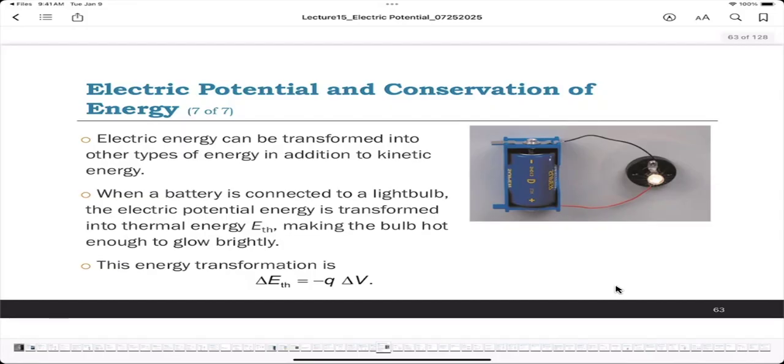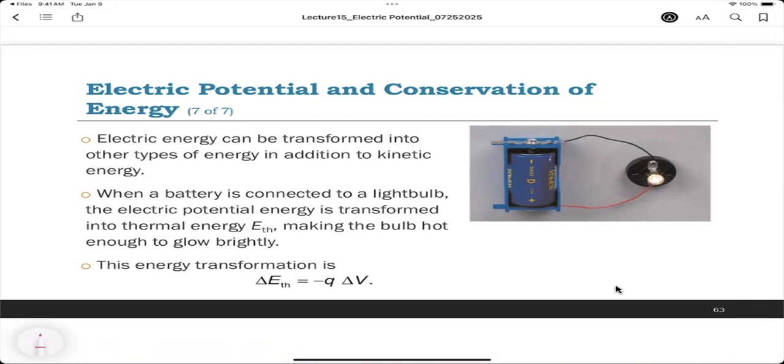When a battery is connected to a light bulb, the electric potential energy is transformed into thermal energy, making the bulb hot enough to glow brightly. This energy transformation is this: thermal energy change equals charge times the electric potential change.